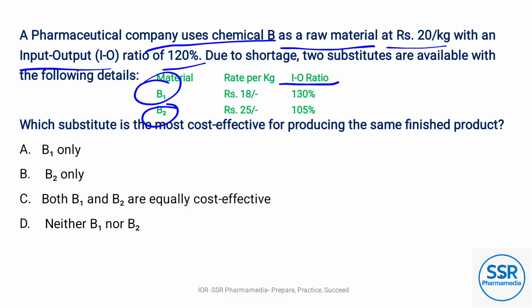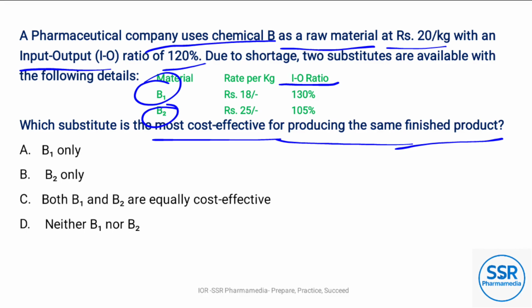Which substitute is most cost effective for producing the same finished product? They have given the rate per kg and the input output ratio. By using these two values, we have to tell which one is more cost effective, B1 or B2. So we have to use the formula.